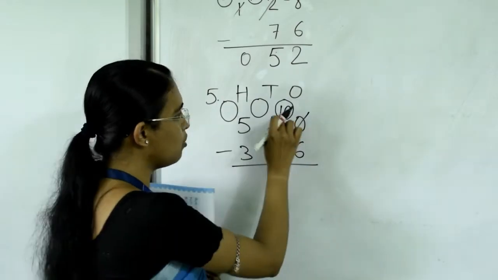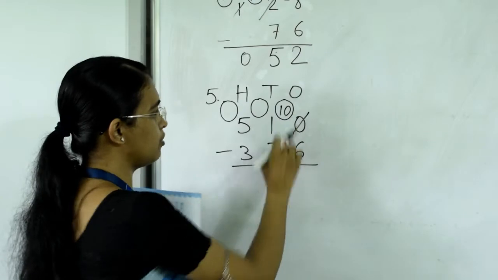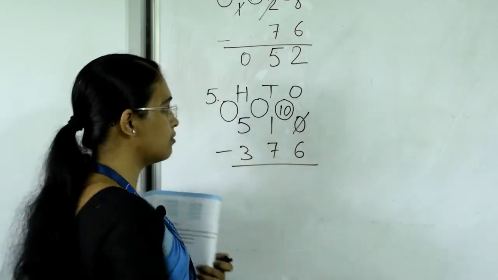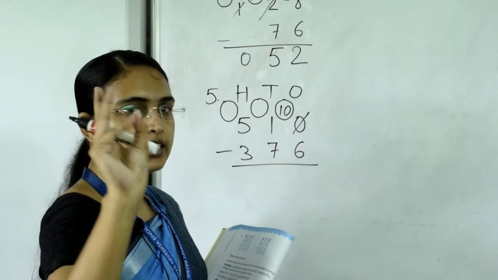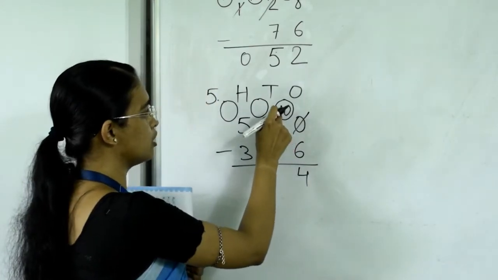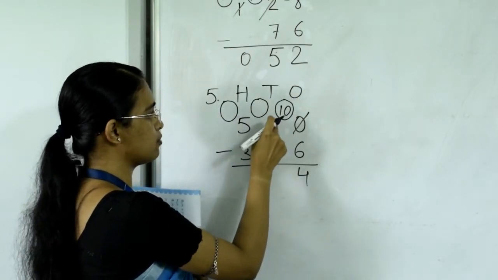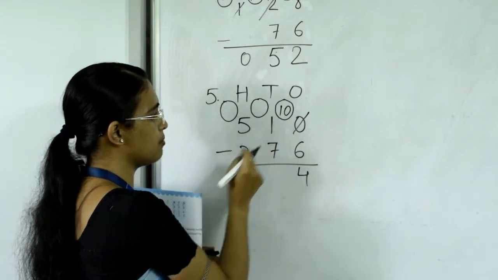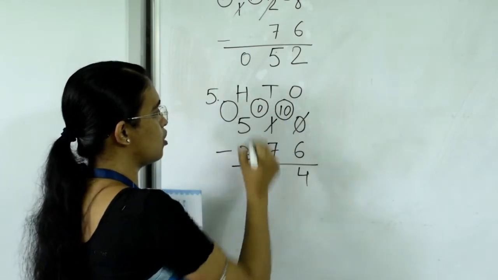So now we can subtract these two numbers. What will be the answer if you subtract 6 from 10? After 6, 7, 8, 9, 10, 4. So right here 4, you have carry 1, so it will go here, and we have to subtract this carry 1 from this number. So when we subtract 1 from 1, we will get the answer 0, right?